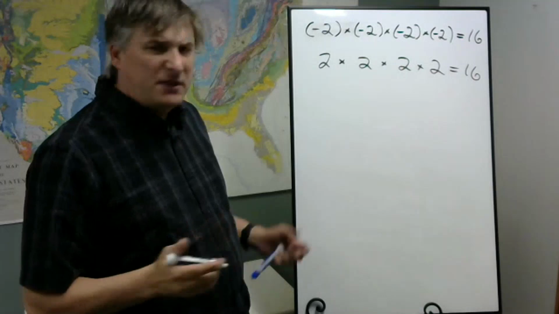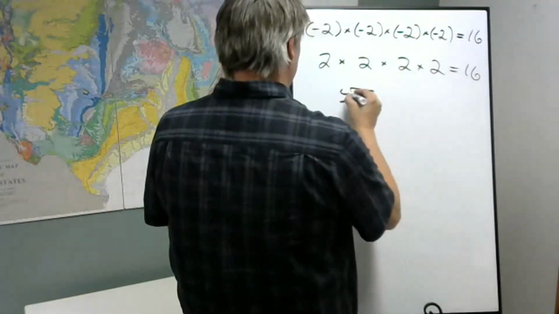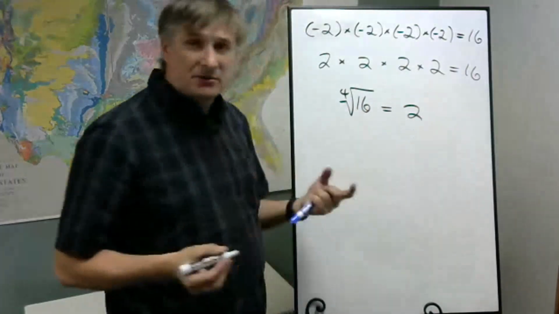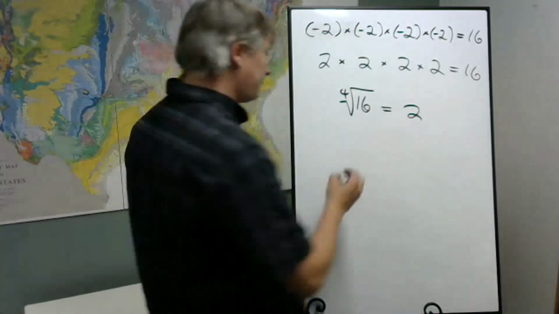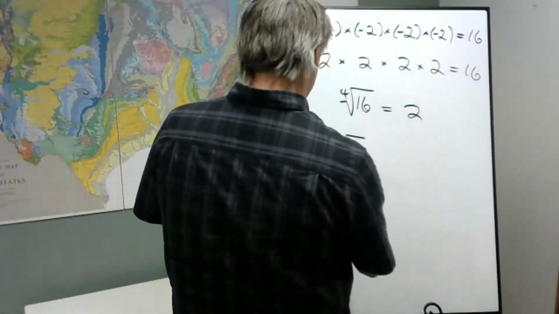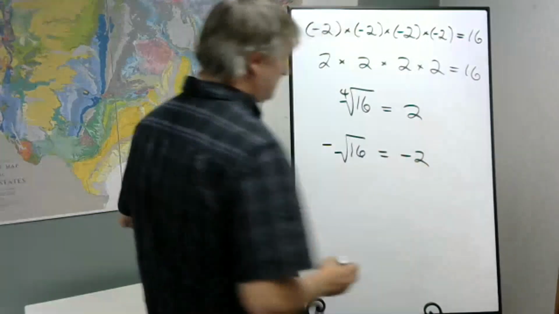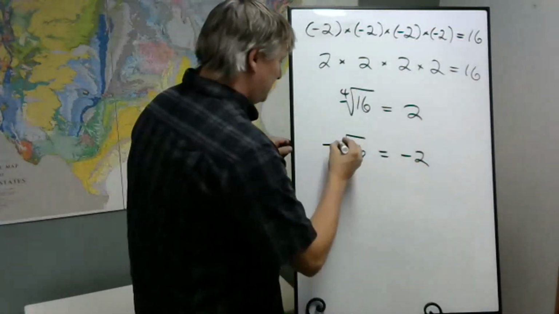So with these fourth roots, we have a positive version, but we also have a negative version. So once again, let me put my little 4 there.